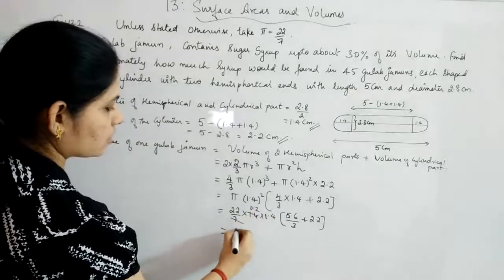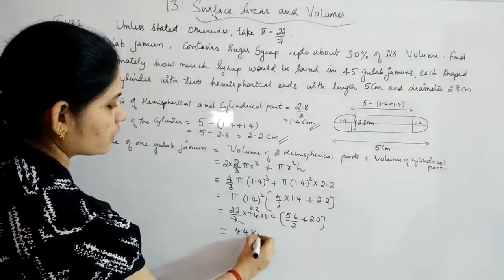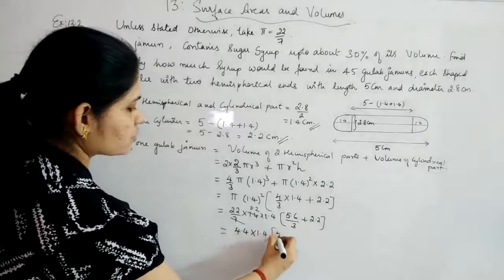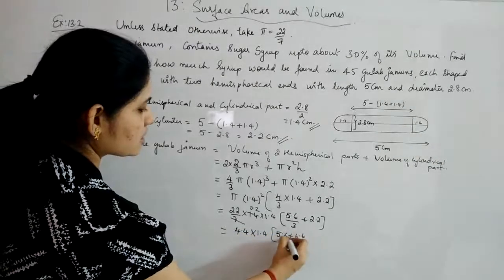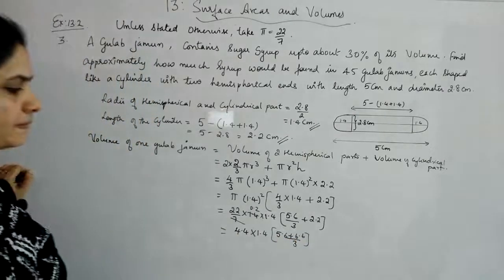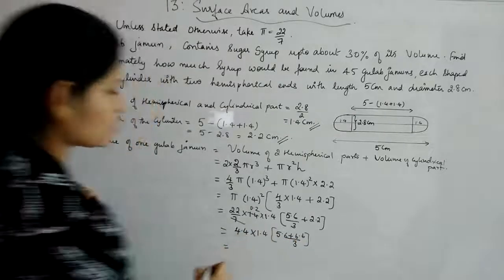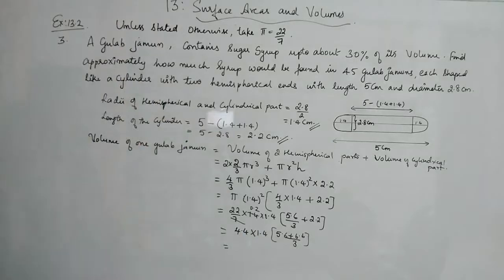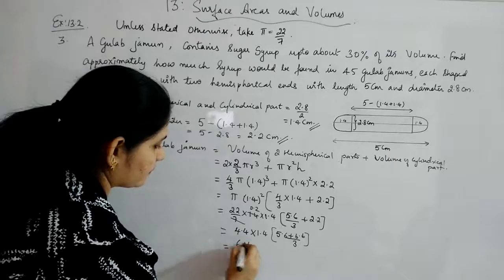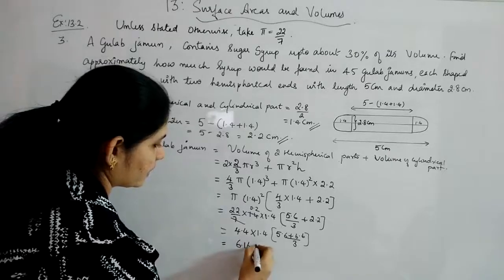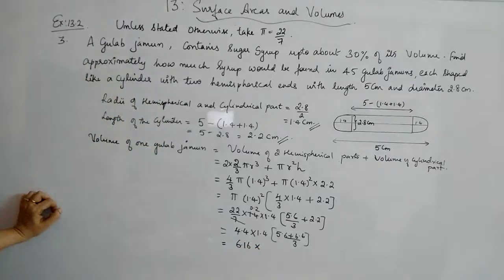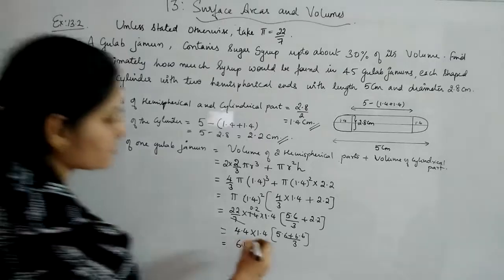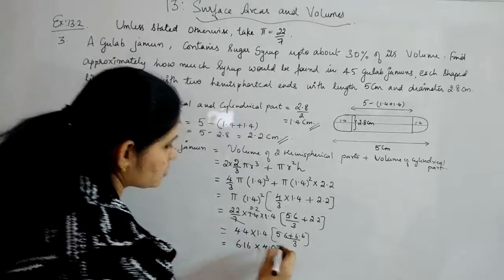So this is 4.4 into 1.4 into 5.6 plus 6.6 by 3, which is equal to, 4.4 into 1.4 is 6.16, into 5.6 plus 6.6 is 12.2. 12.2 by 3 you will get to be 4.07.